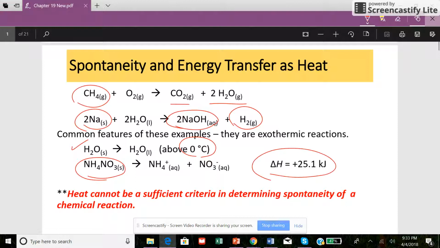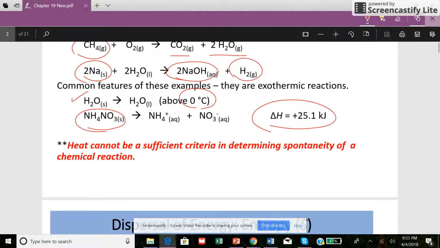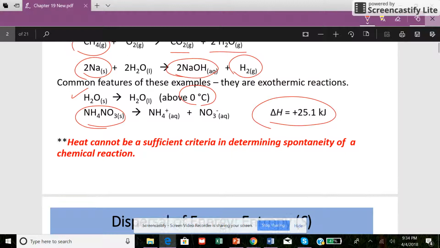This reaction actually gets colder because the reaction is endothermic, but it does happen. So, based on this slide, I want you to understand that heat cannot be a criterion in determining whether the reaction is going to be spontaneous or not.